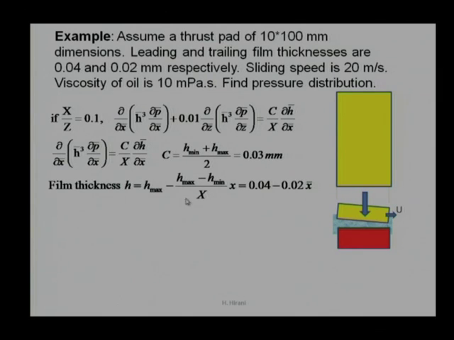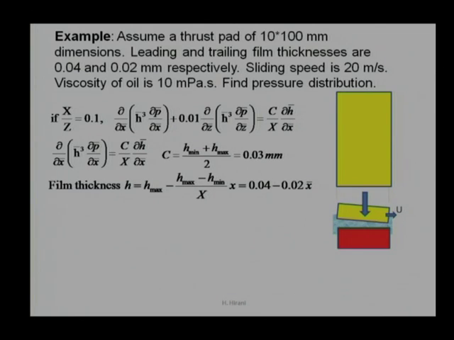That can be represented with a simple expression, which is H equals H maximum minus H max minus H minimum divided by capital X. Capital X is the dimension in x direction, which in the present case is 10 mm. The maximum value of film thickness is 40 micron, minimum value of the film thickness is 20 micron.